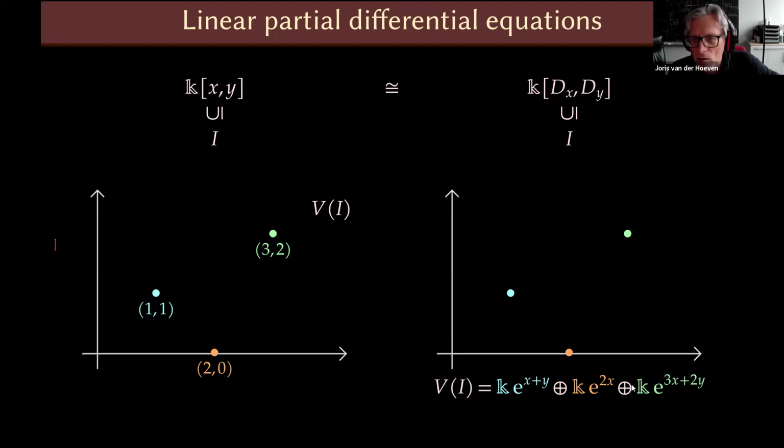And basically, for instance, things like Buchberger's algorithm and Gröbner bases already existed on the right-hand side long before.